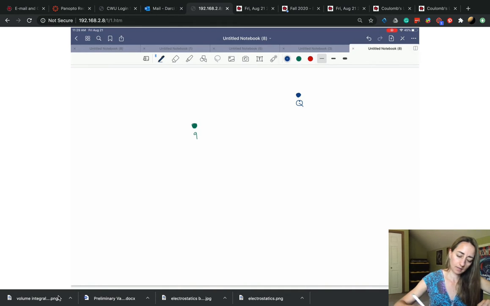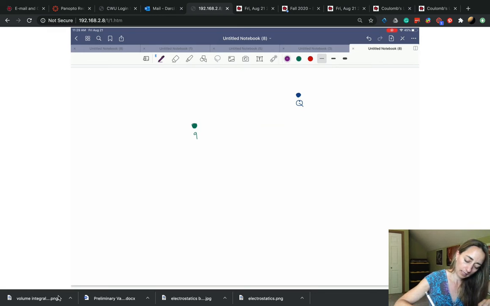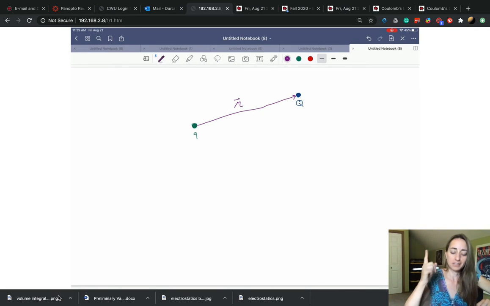Now, I'll draw this, which is not the straightest line I've ever drawn. Vector script R, this is what is known as the separation vector. That's what the book calls the separation vector. It is the vector that separates our two charges.